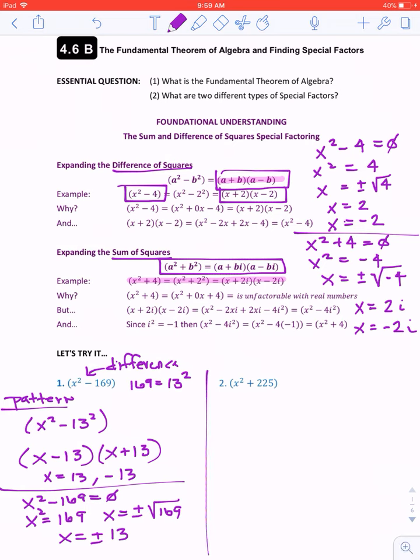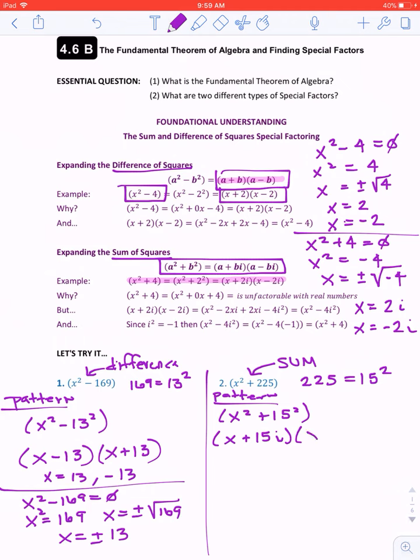All right, if we have x squared plus 225, adding is the sum. So those are sum of two squares because 225 is 15 squared. If you use your pattern first, we have x squared plus 15 squared, so it should break into x plus 15i times x minus 15i.